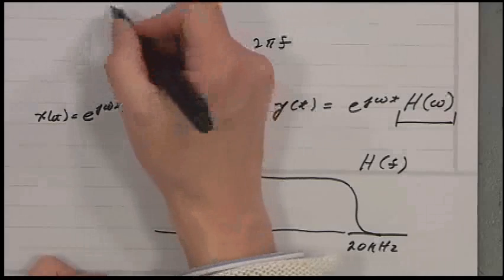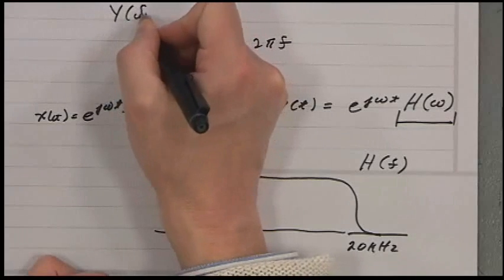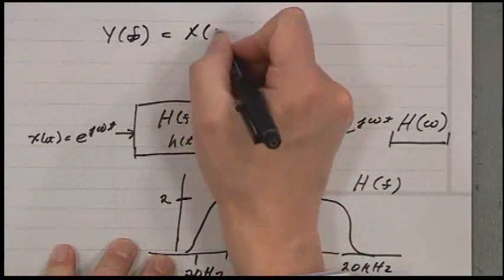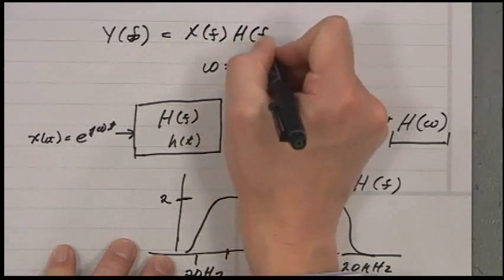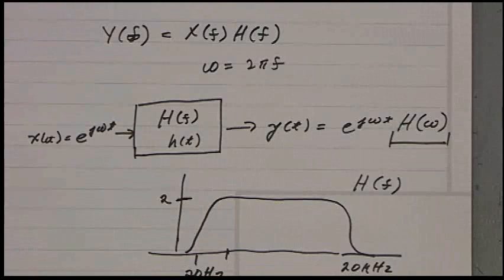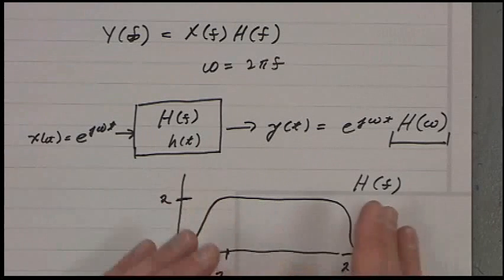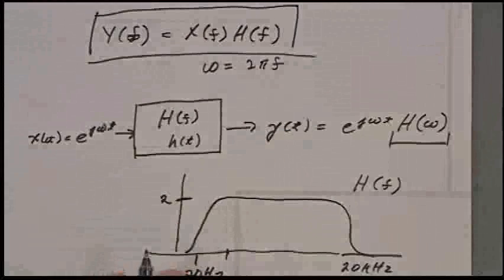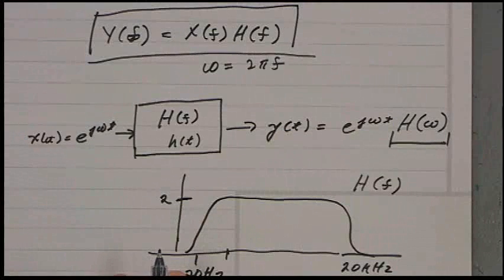So what ends up happening is that Y of f is going to be equal to X of f times H of f, right? This is one of the most important equations in electrical engineering, perhaps more important than V equals IR, okay?